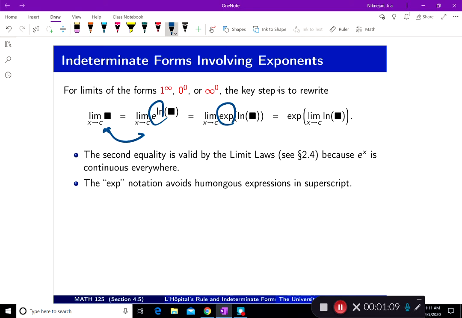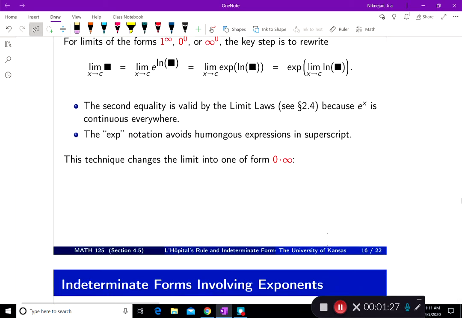All of these equalities are allowed by the limit laws, because of the continuity of exponentials and so on.